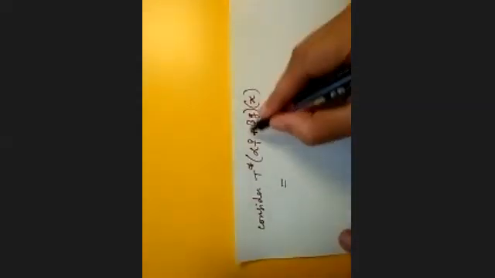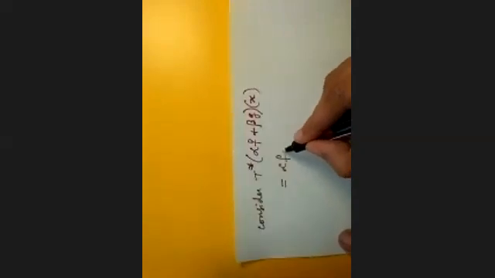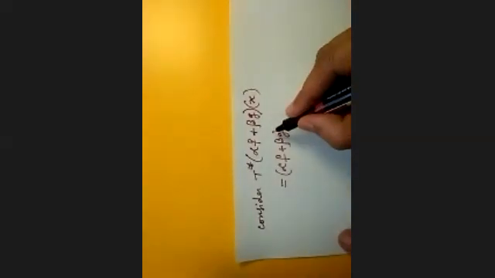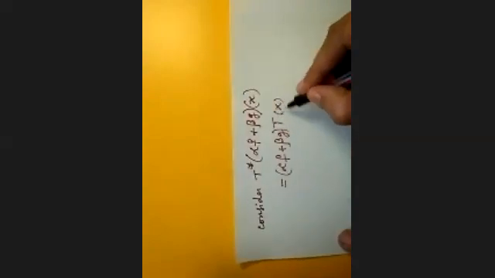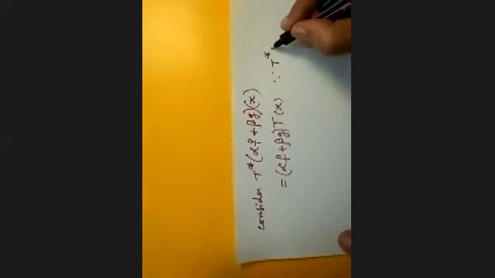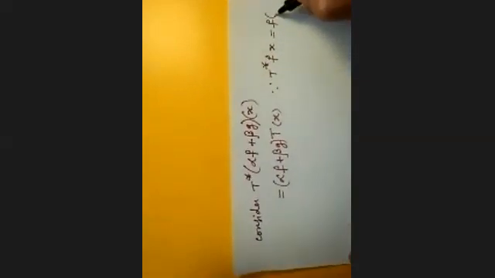By definition, this is nothing but (alpha f plus beta g) of T x, because that is how it is defined: (T star f)(x) is f of T x.